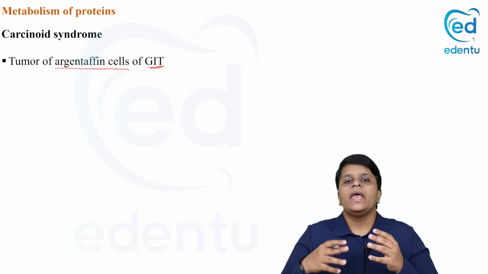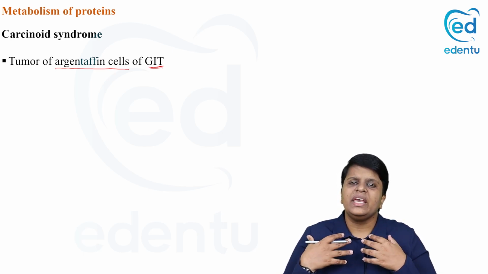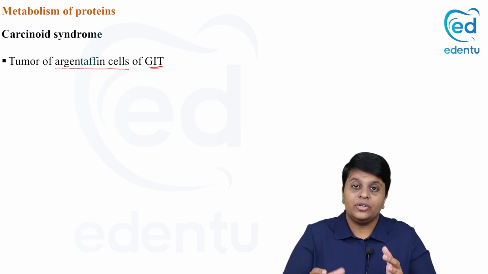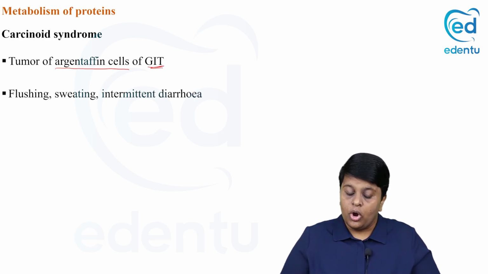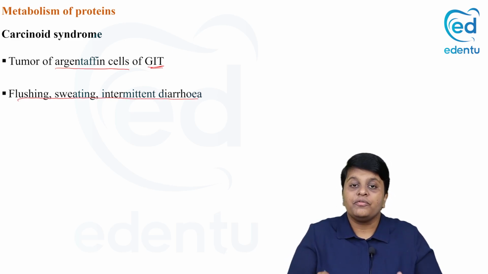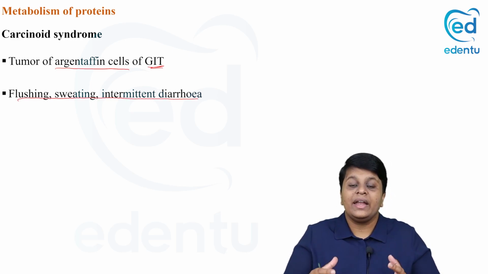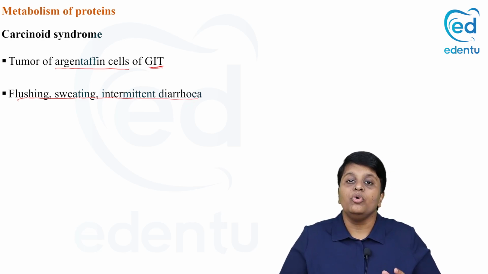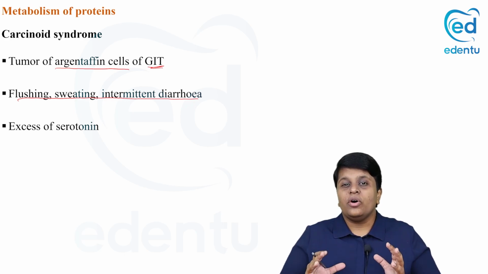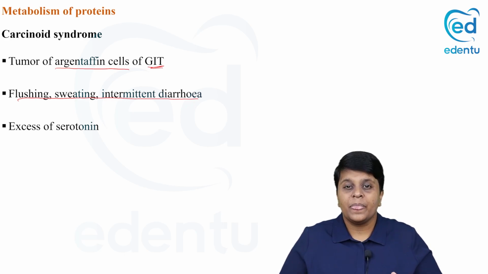It is a tumor, and here this tumor starts secreting excess amounts of serotonin. A lot of serotonin is produced. So what? Excess of serotonin leads to these manifestations. Flushing, sweating, and intermittent diarrhea are the most common clinical manifestations of carcinoid syndrome, and this excess of serotonin is present.